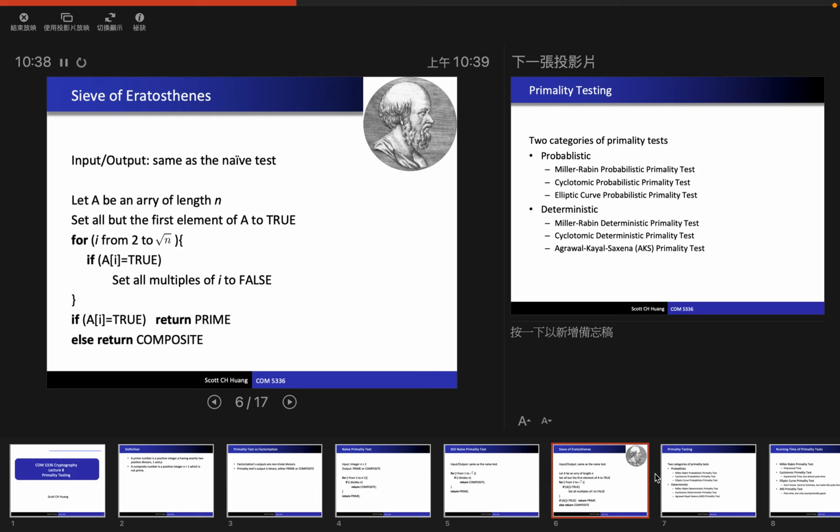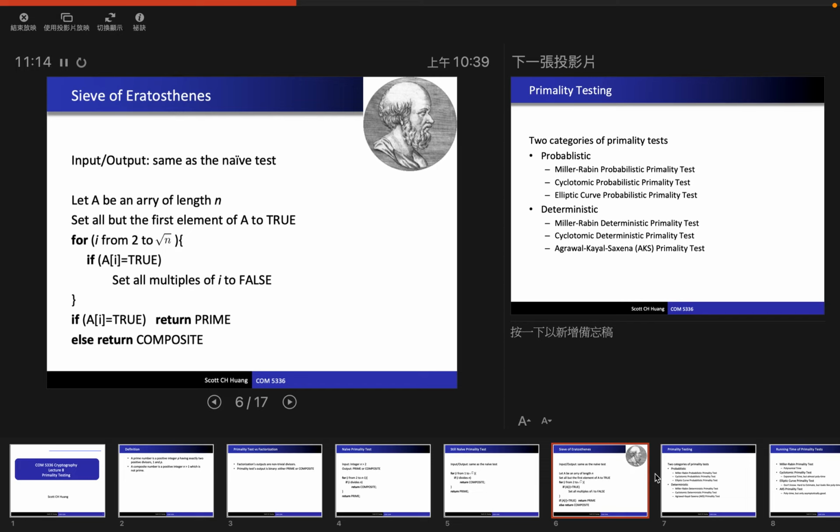He built an array where the entry is true if the number is prime, and false if it's composite. So we use a for loop. Starting from the beginning, we set all multiples of A_i to false. This is a way of bookkeeping.